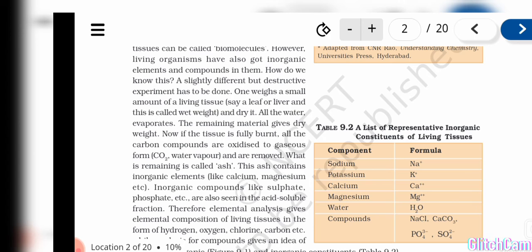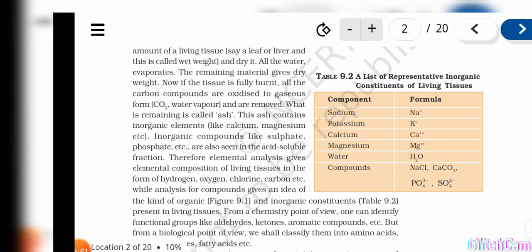Understood? So like this, you can identify the inorganic molecules also. In addition to the elements found in the ash, we can also see sulfate, phosphate, etc. found in the acid soluble fraction also.